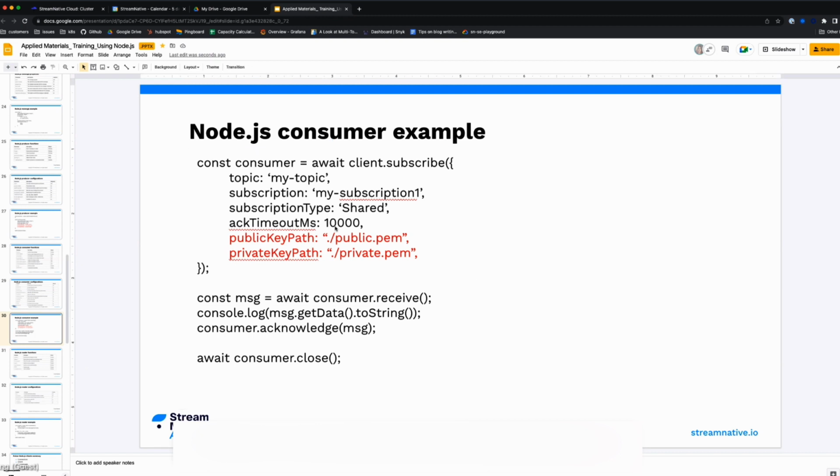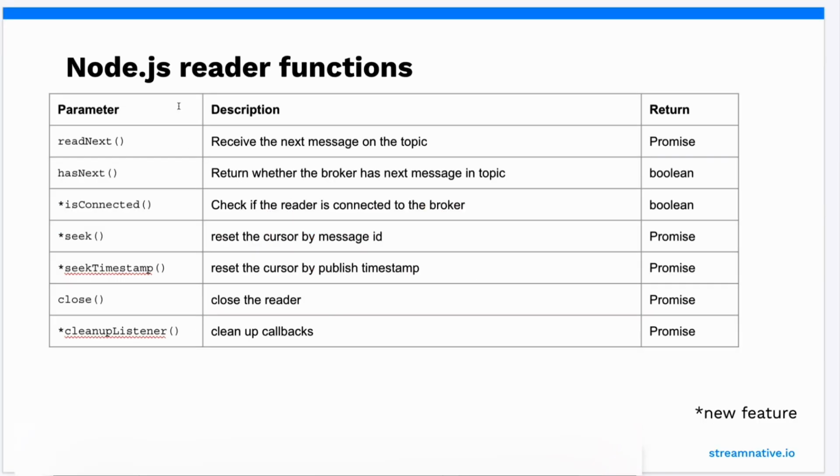So yeah, this is basically the consumer. One is the reader. Reader is a low-level consumer. Consumer is kind of like a wrapper of reader that makes it a subscription.